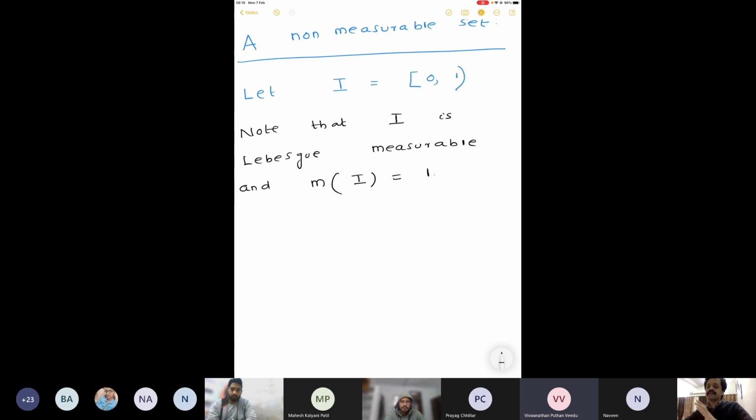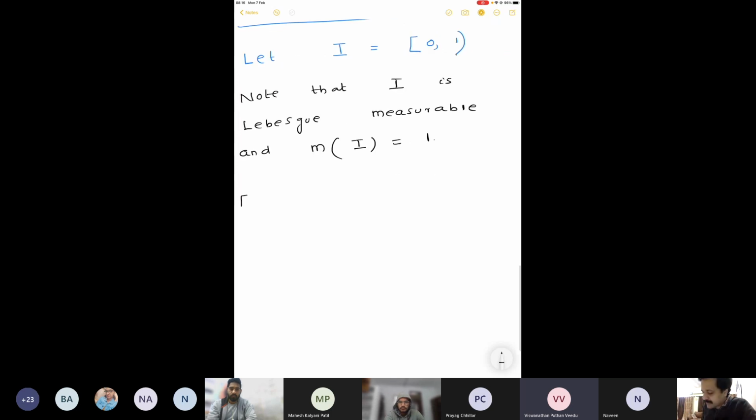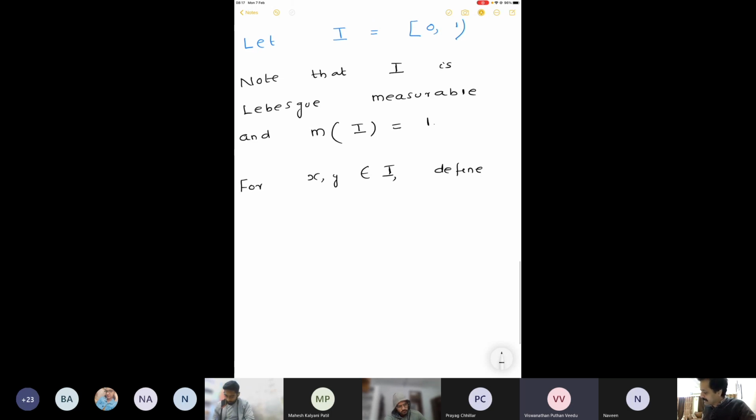I don't want to leave I, I don't want to go outside I. So basically, I am going to define the so-called addition modulo 1. Okay. For x comma y in I, define the following. The notation that I give is as follows: x addition modulo 1 y, x plus circle y.